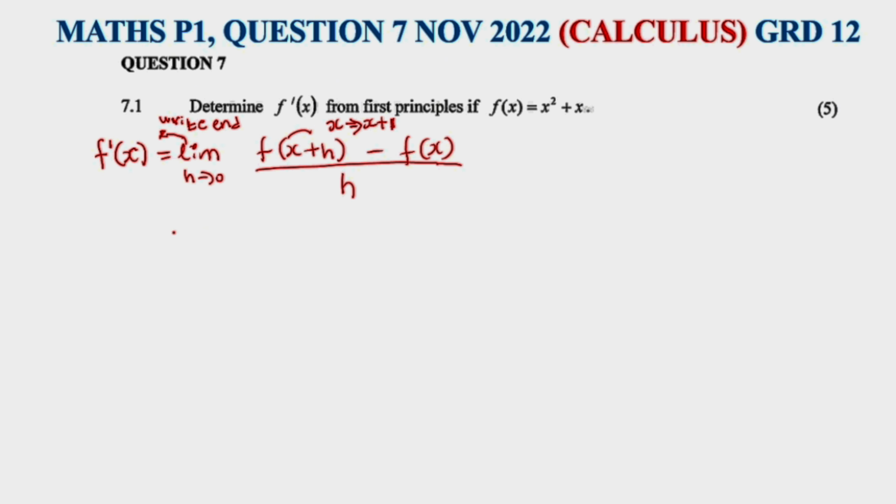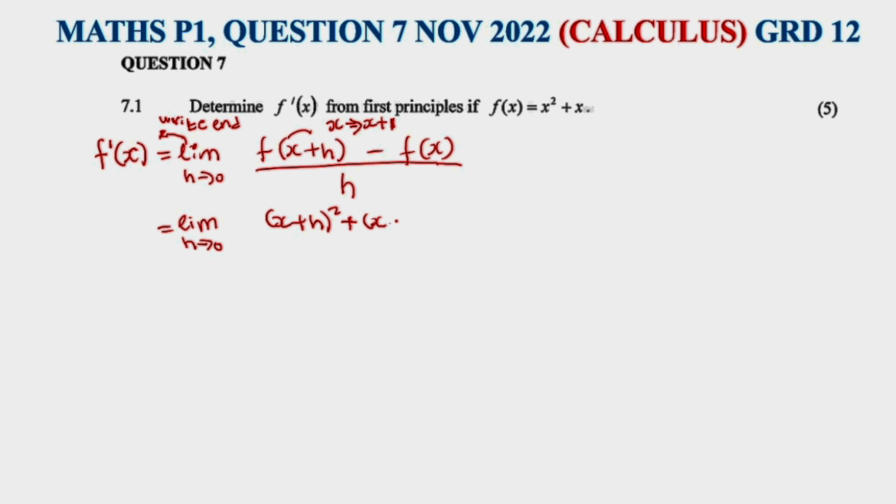All right, so let's go ahead and substitute here. Lim as h approaches 0. Where there's x, we're going to put that. From our equation there is x squared, so we're going to have x plus h, but it needs to be squared, and therefore we are going to have plus, what do we have there?